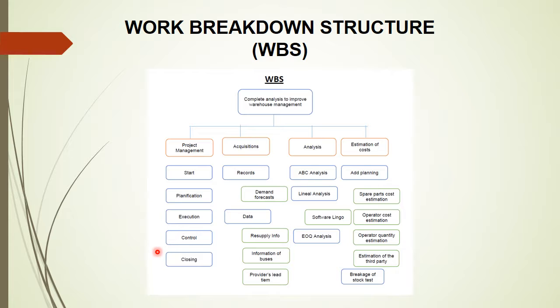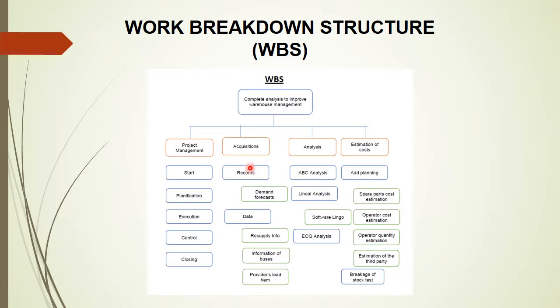Also the control: maybe in the execution you are doing things in a way that is not correct, so you take control here and direct things toward what is going to be good for the company. And finally, the closing. The closing is when you see if the project really helped us or not.